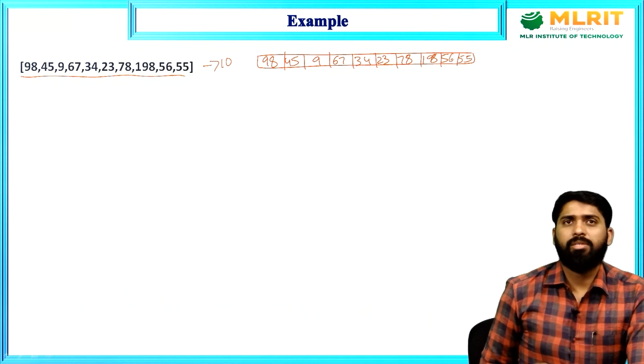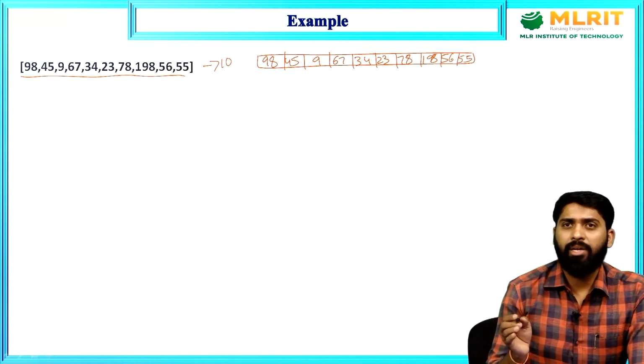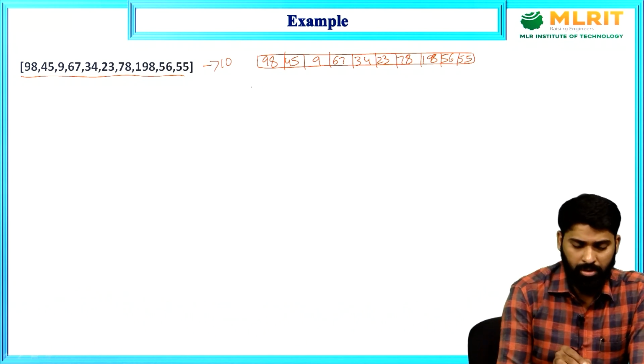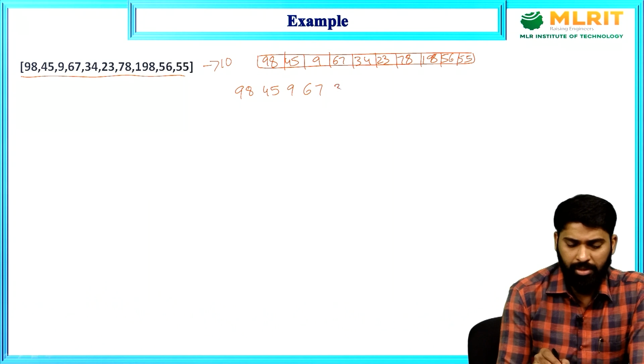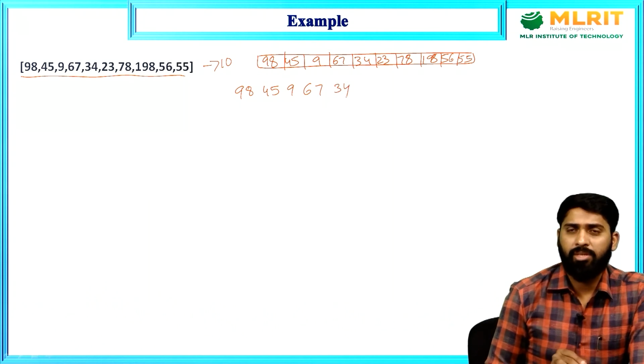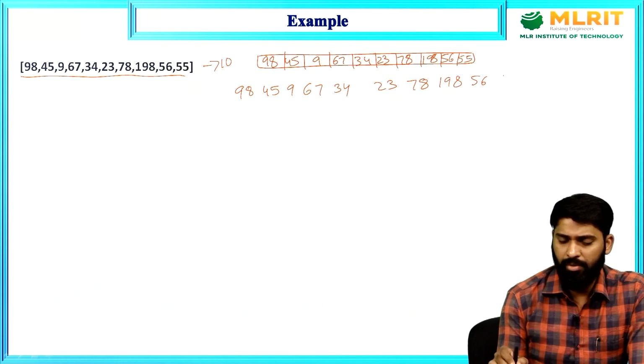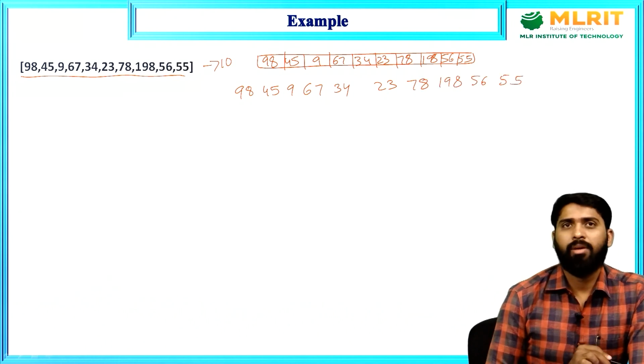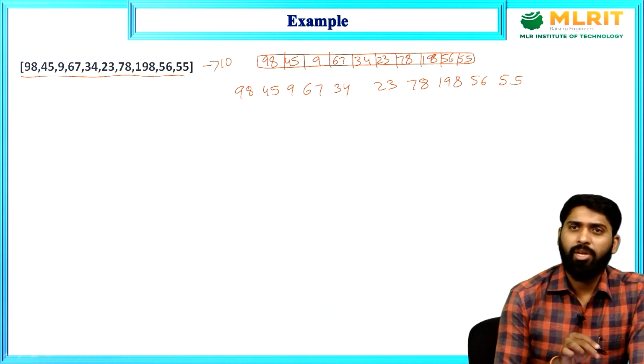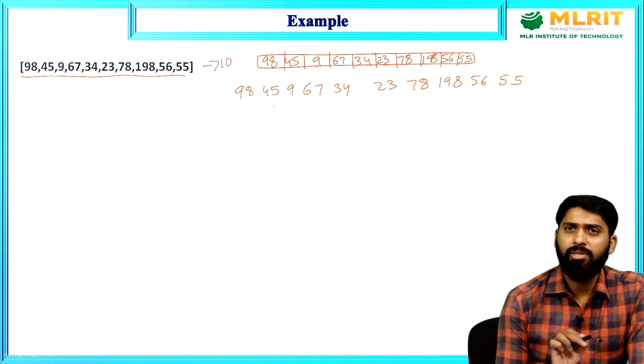Okay. So, divide and conquer. Divide the array into two halves. It divides as 98, 45, 9, 67, 34 as the first half, and the second half is 23, 78, 198, 56, 55. Again apply the same algorithm. Divide the array into sub arrays.